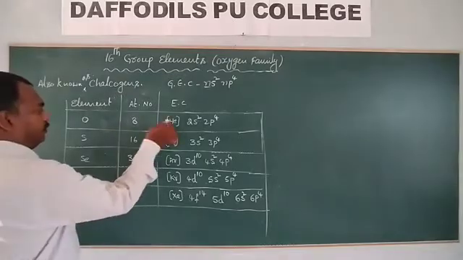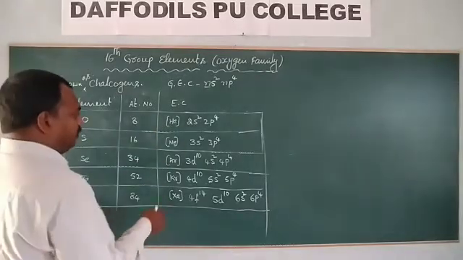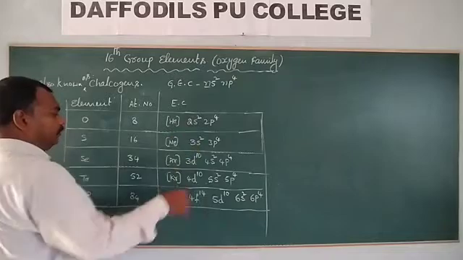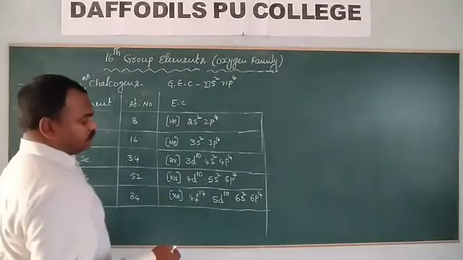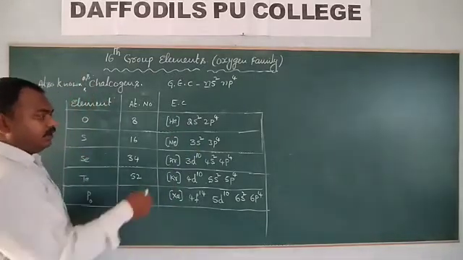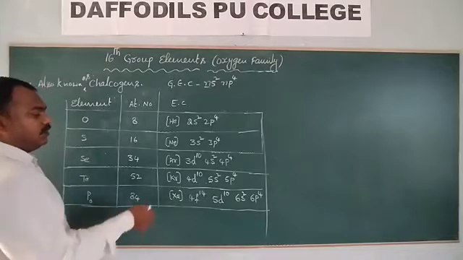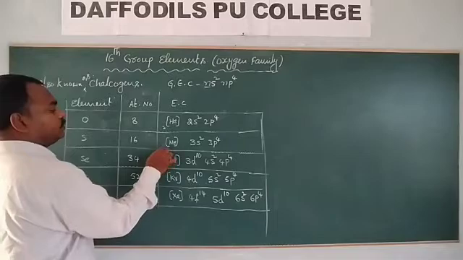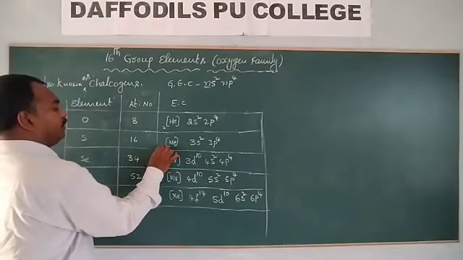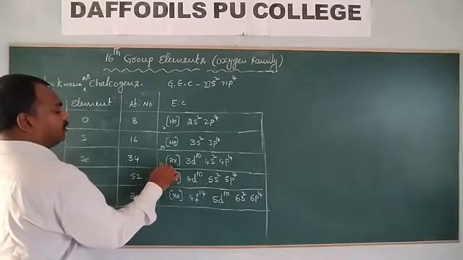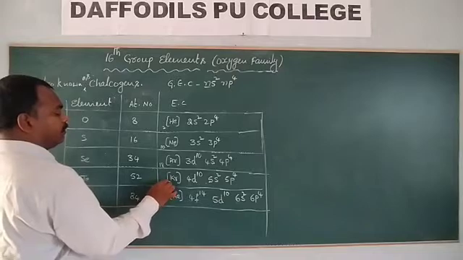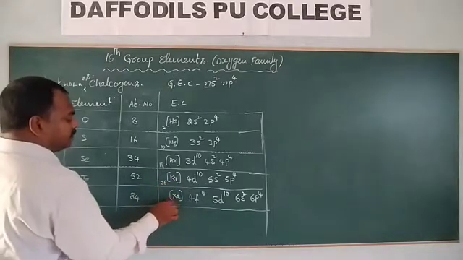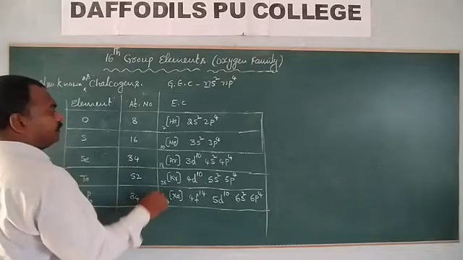Just to verify whether you have written the correct one or not, you can remember or write down the electronic configurations easily like this. Helium atomic number is 2, neon 10, argon 18, krypton 36, xenon 54.